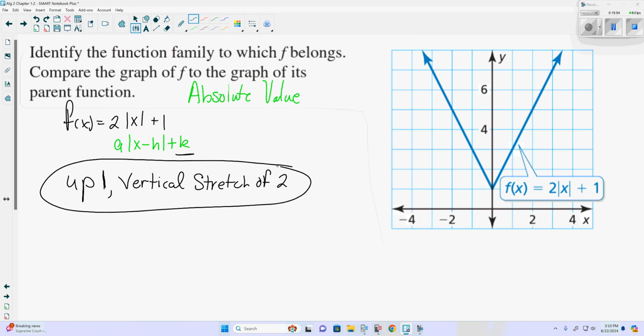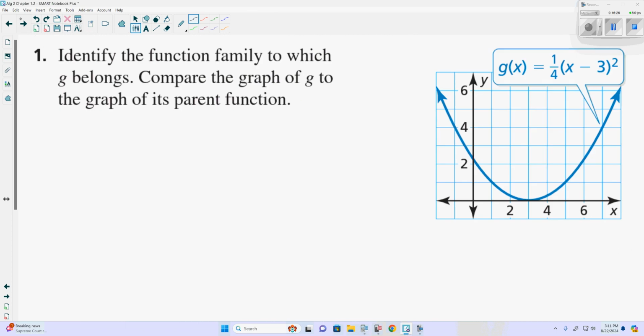Guys, let's focus in. Let's look at this one here.